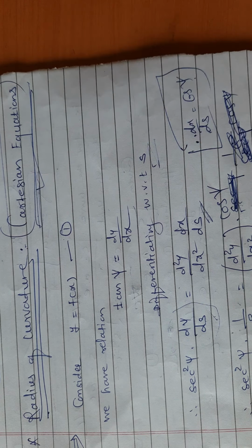Now differentiating this with respect to s, we get tan psi with respect to s करतोय आपण. tan psi चा डेरिव्हेटिव्ह काय असेल, psi is a function of s, म्हणजे sec square psi and derivative of psi with respect to s, आणि y is a function of x, now we want to take the derivative with respect to s, with respect to arc length.